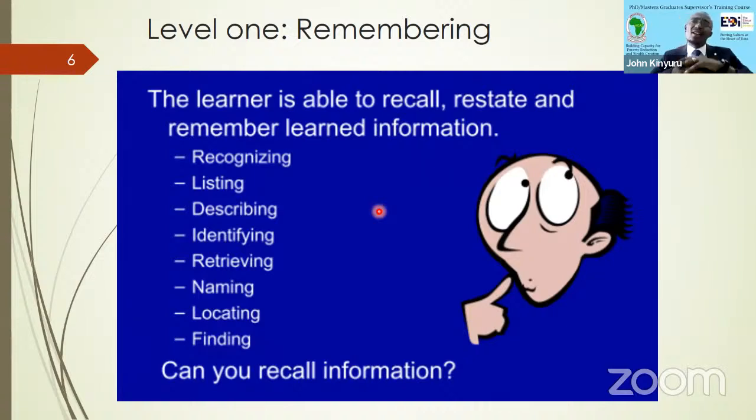And probably this is why you find a lot of universities insisting that you need to at least have a first degree in a certain field. If you want to do a master's in agricultural engineering, you must have a basic degree in agricultural engineering, or a related discipline, maybe agriculture, agronomy, or physics, because that helps you have some basic information.